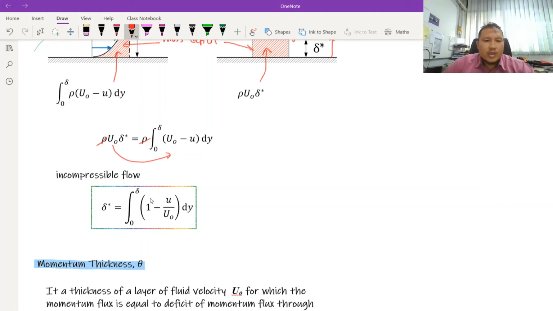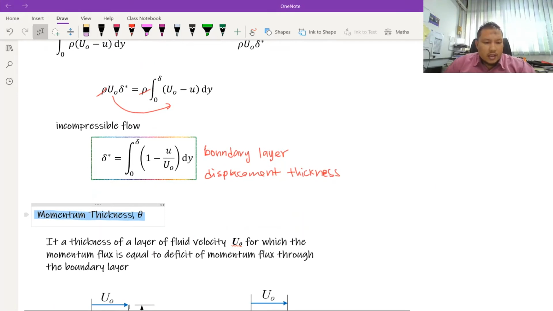This equation we call the boundary layer displacement thickness, where we displace the thickness of the boundary.